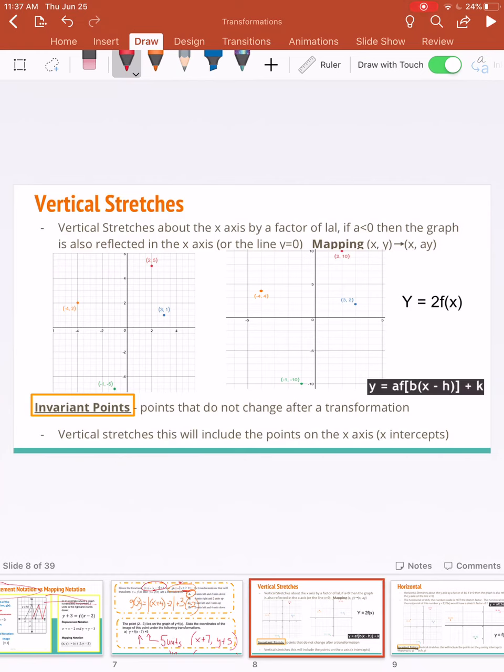So now we move into stretches. These are a little more difficult. So a vertical stretch, you're always stretching from the x-axis, and that can be confusing to kids. So you're kind of thinking of your x-axis as a reference point, and you're taking each of your points and you're multiplying them by whatever your stretch is.